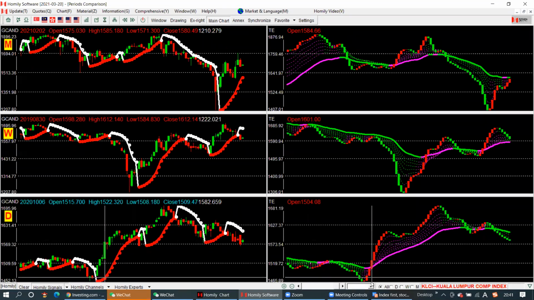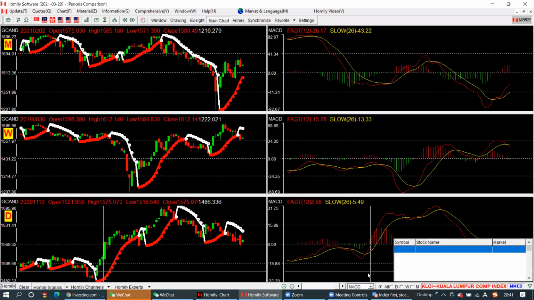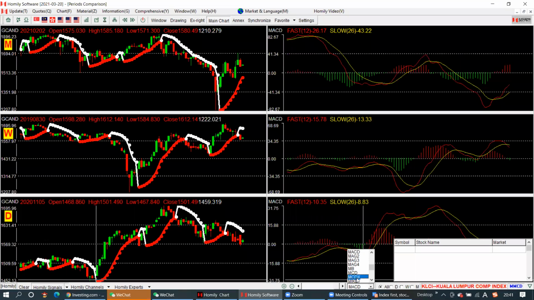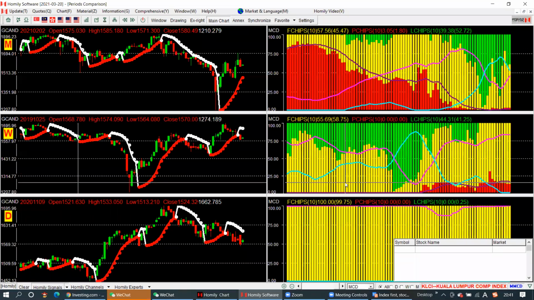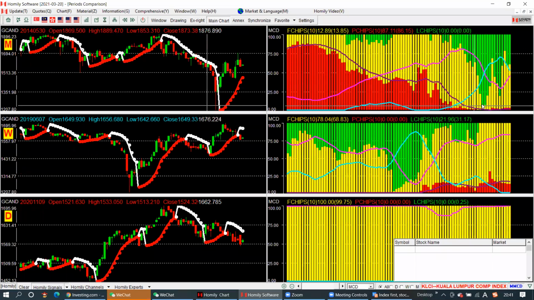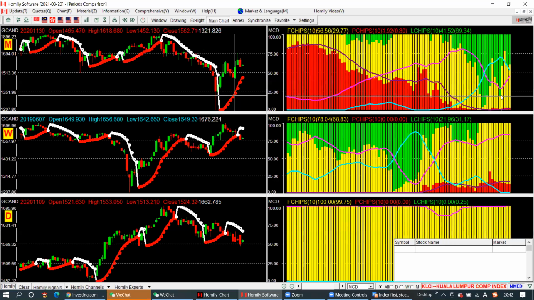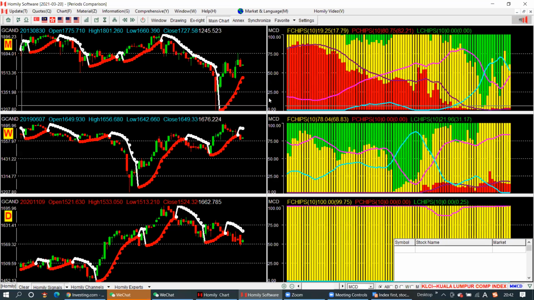Here we can try to change to the MCD to help you double confirm. Here you can see this one is our MCD, the profitable sheet keeps decreasing, so it's not so good. And you can study all the stocks like this.